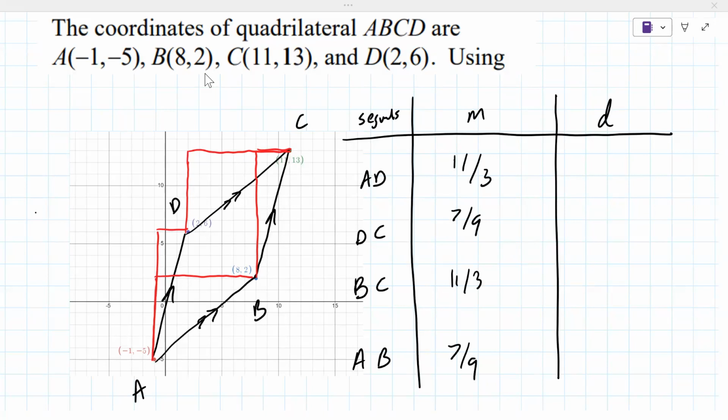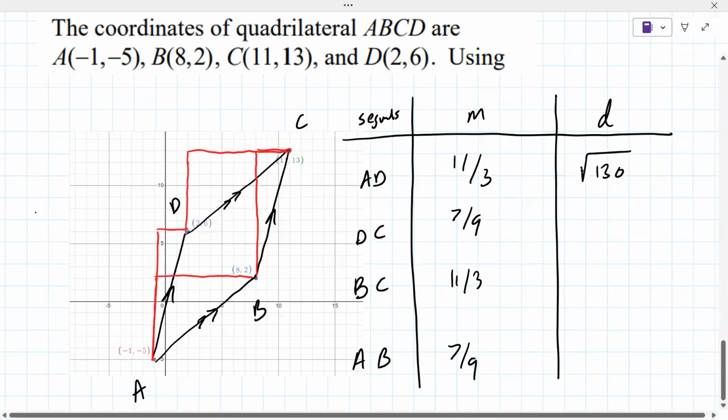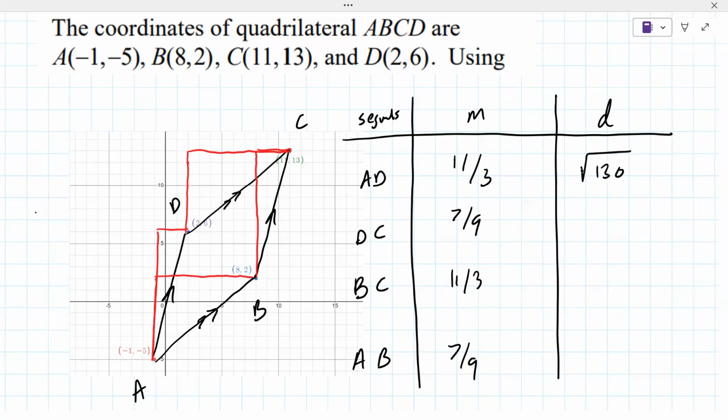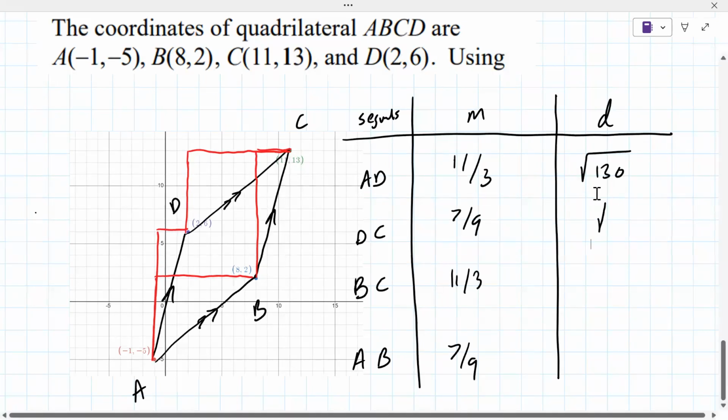All right. A to D is the square root of 130. D to C has a square root of 128. Isn't it 81 plus 49?